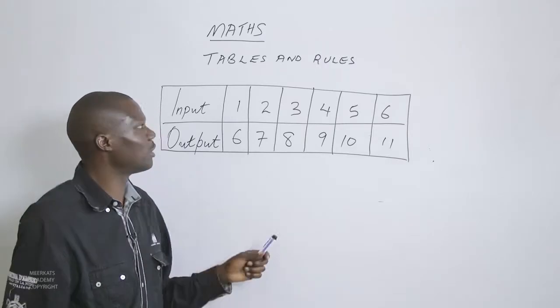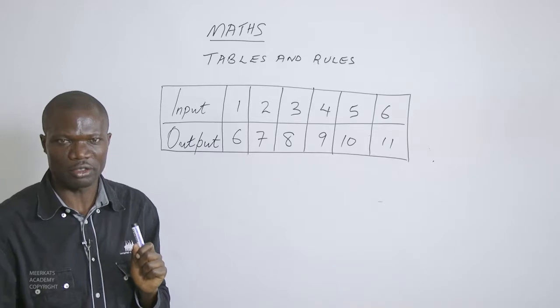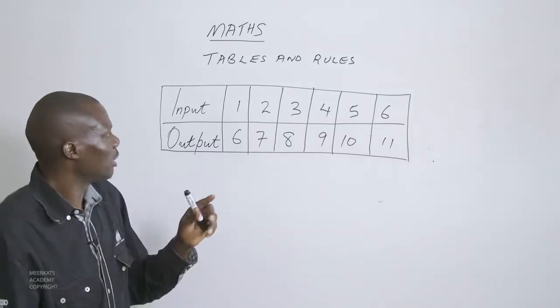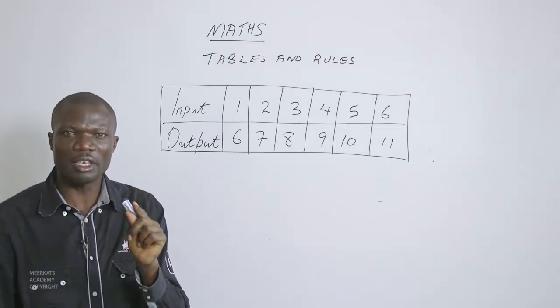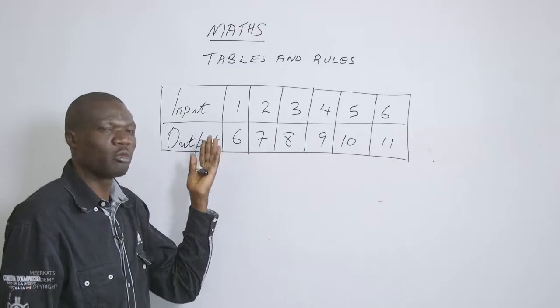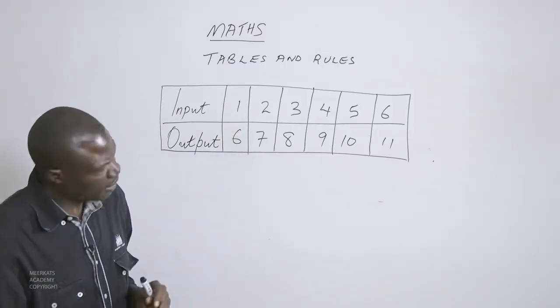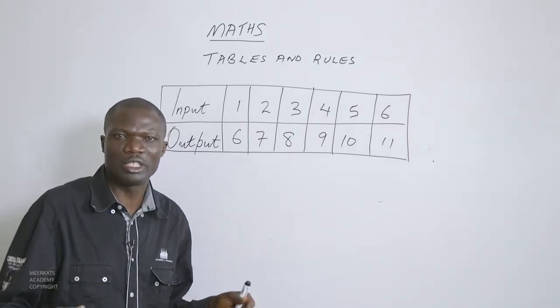Now we have a table of values. This table of values needs to be inspected. I want you to take a closer look at the values of both input and output. What do you realize? What do you discover?